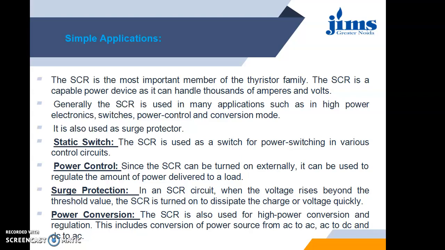In an SCR circuit, when the voltage rises beyond the threshold value, the SCR is turned on to dissipate the charge or voltage quickly. And next is power conversion. The SCR is also used for high power conversion and regulation. This includes conversion of power source from AC to AC, AC to DC, and DC to AC.